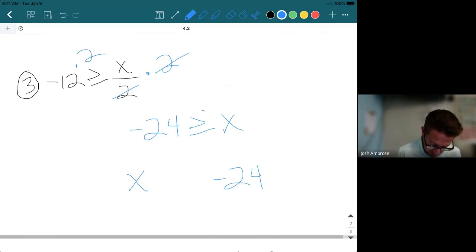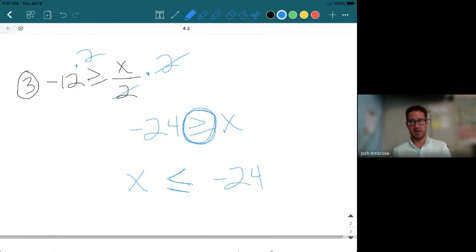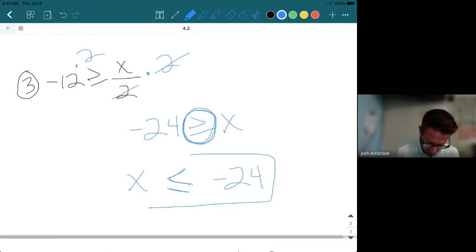Do you notice how the inequality sign acts like it's eating the -24? It needs to stay eating the 24. So you'll notice I didn't actually flip the inequality sign for any reason. I just rearranged the order. That's important to notice. And there's our solution right there.